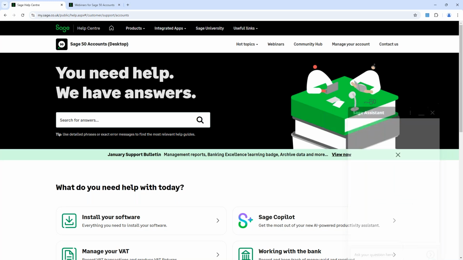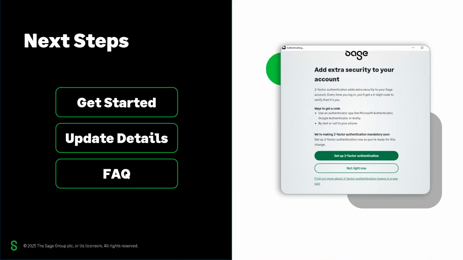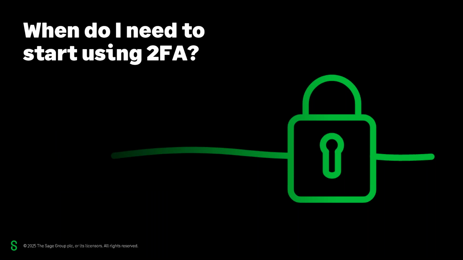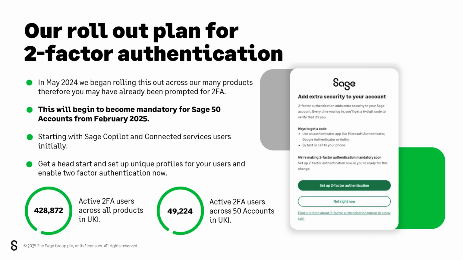Okay, so we'll pop back to the slides. Now we'll go through when do I need to start using 2FA. In May 2024, we began rolling this process out across many of our products, so you may have already been prompted for 2FA in the past.